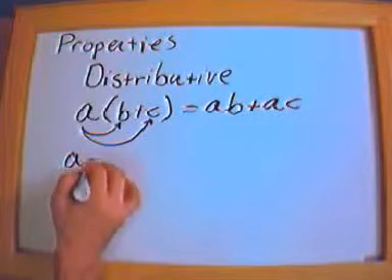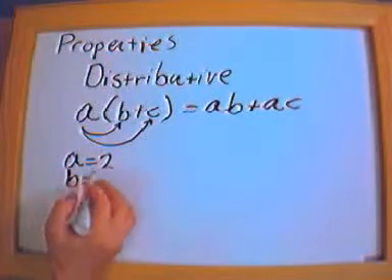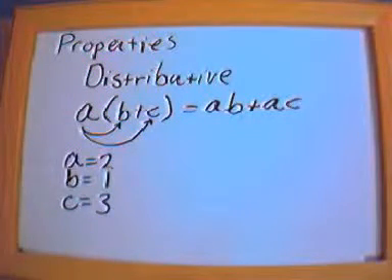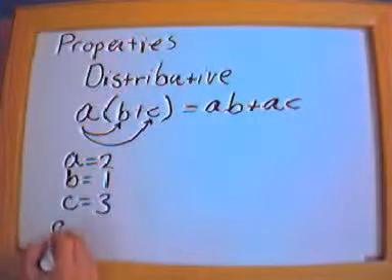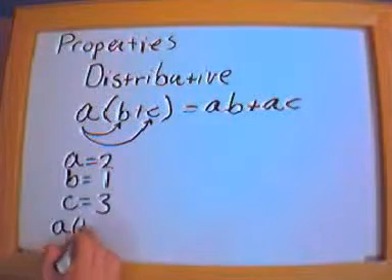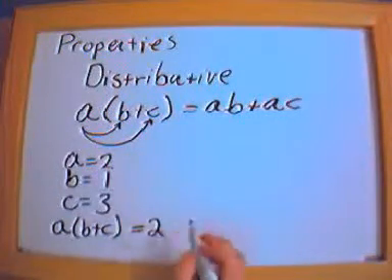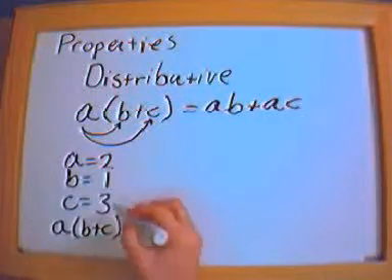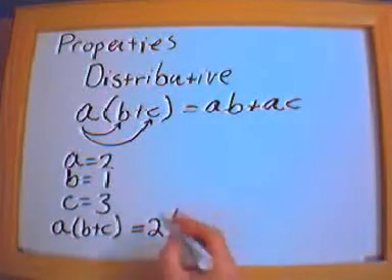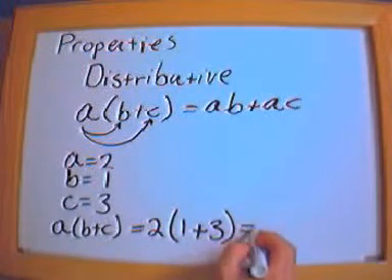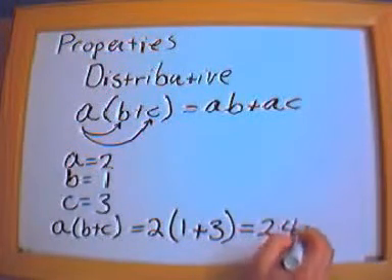Let's say A is equal to 2, B is equal to 1, C is equal to 3. Very simple numbers, okay? A times (B plus C) is equal to A is 2, B is 1, C is 3. 1 plus 3 is 4, so that's 2 times 4 is 8.